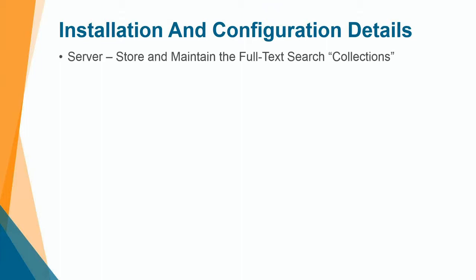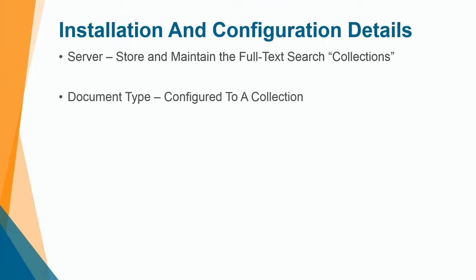There's also a data capture server that needs to run. That can all be on a single server, but this is where we're going to be housing the collections. It's effectively the database of the full text information so that when people use this, you can very quickly find the documents that we're looking for.